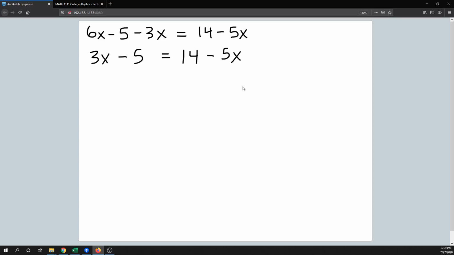Next, we want to use the addition property to get all the terms with an x on one side of the equation, and all the terms without an x on the other side. There are different ways that you could do that, and they're all fine. What I'm going to do is add 5x to both sides.